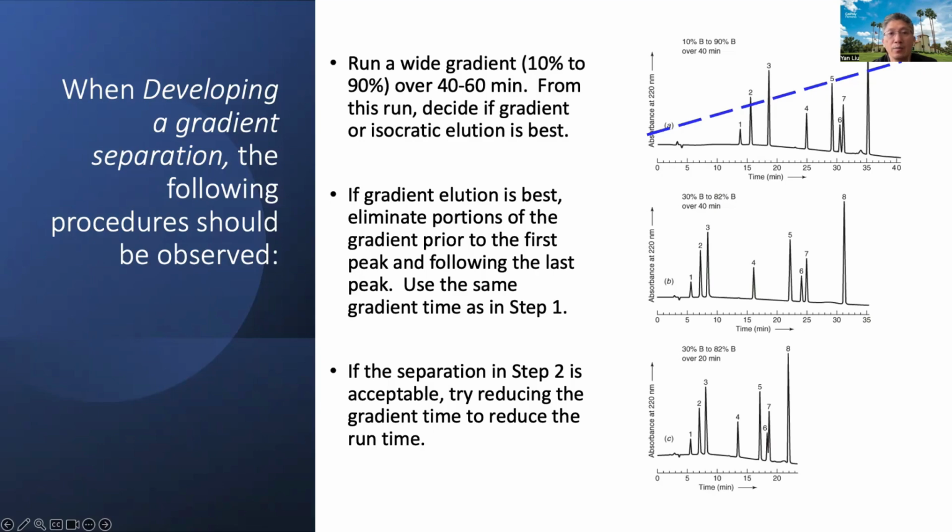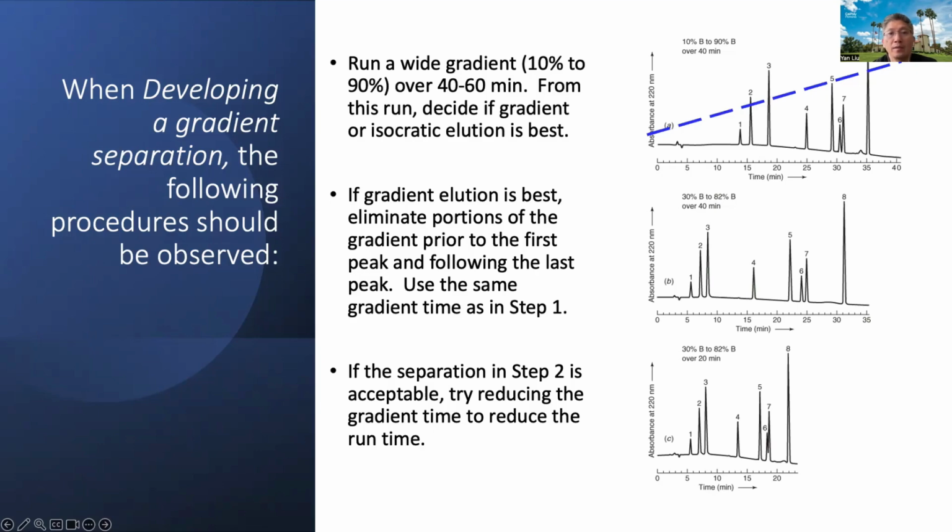Ideally, they should be eliminated. According to the flow profile, the blue line, around 13 minutes, the percentage of B is around 30%, while around 36 minutes, it is around 82%. Therefore, the composition of the flow will be modified to 30 to 82%. In the meantime, no change in overall runtime.